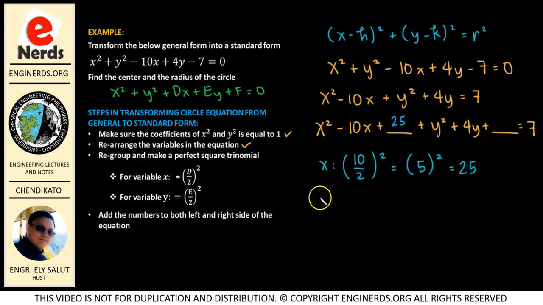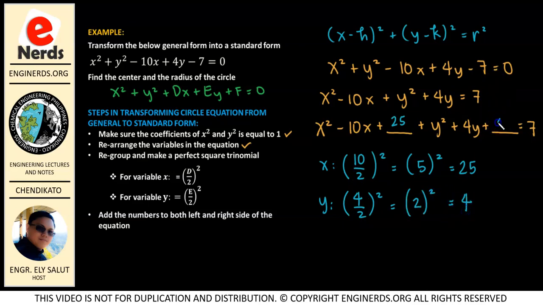And then, para naman sa y, we have e divided by 2 squared, no? So, ano yung value ng ating e? Our e is the coefficient of y. And the coefficient of y is 4. So, we have 4 divided by 2 squared is equal to 4 divided by 2 is equal to 2. So, we will square this. Okay, so 2 squared is equal to 4.